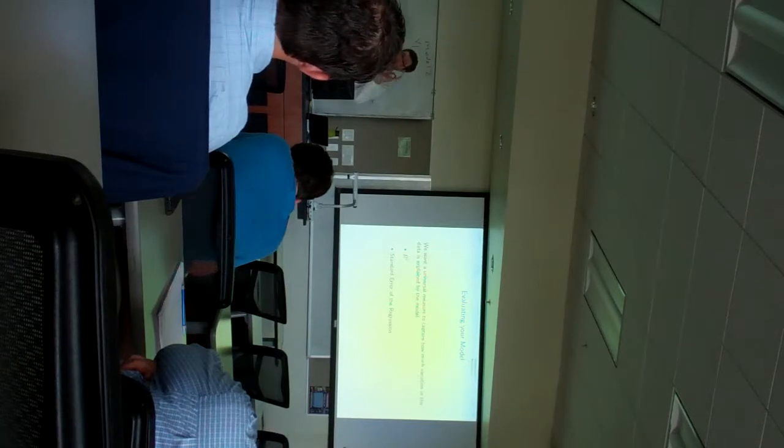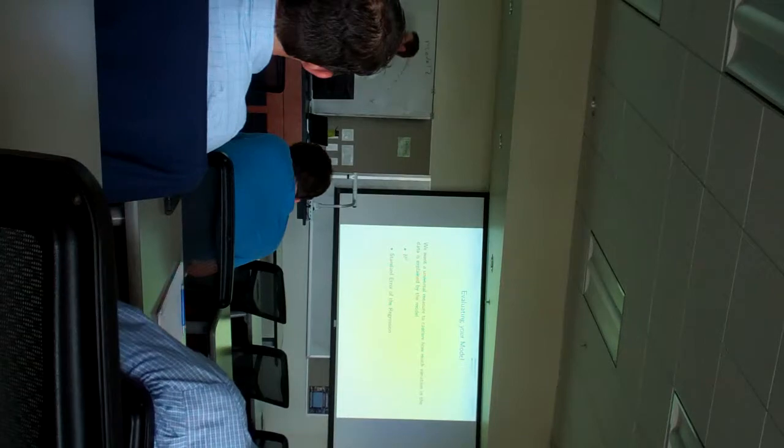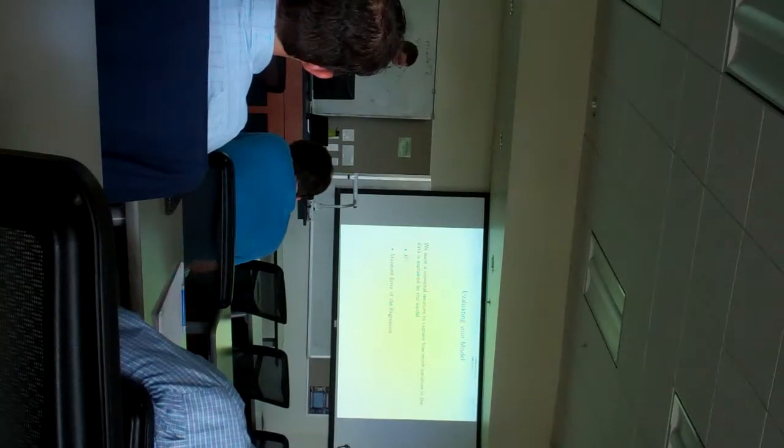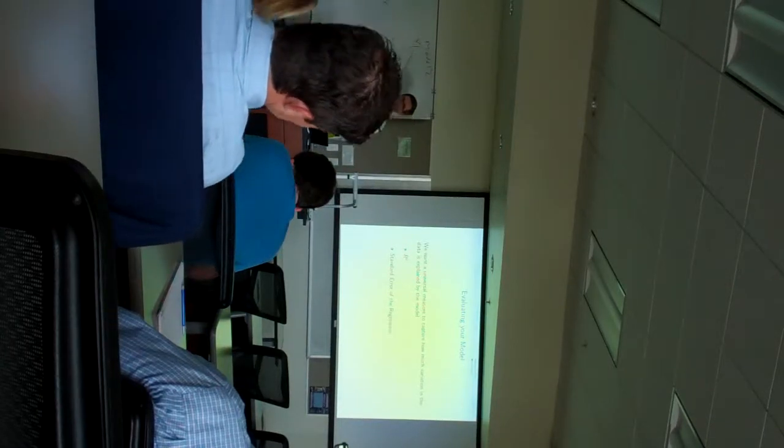Two ways we can talk about how much of the variation in the dependent variable is explained by variation in the independent variable: R squared and the standard error of the regression. These are similar. We're both kind of going at the same thing, but we're going to measure it differently. So how good is your model?